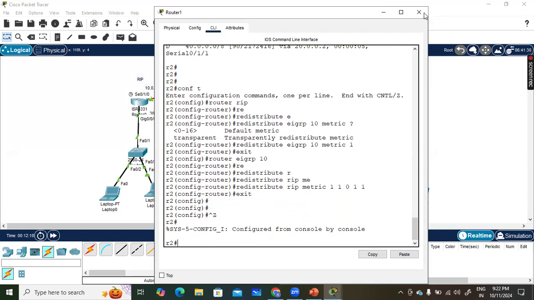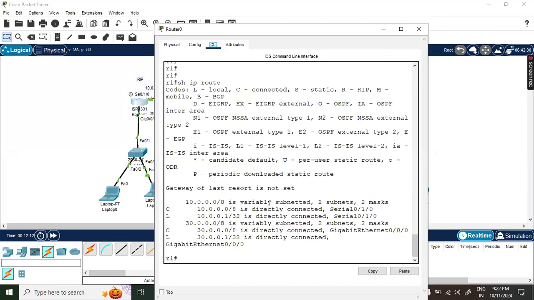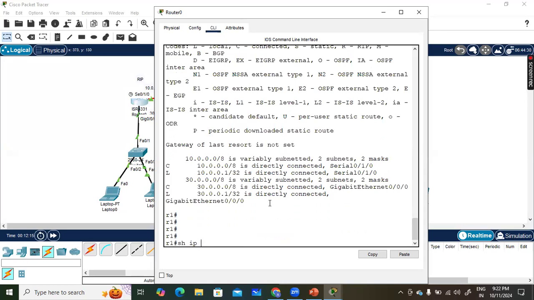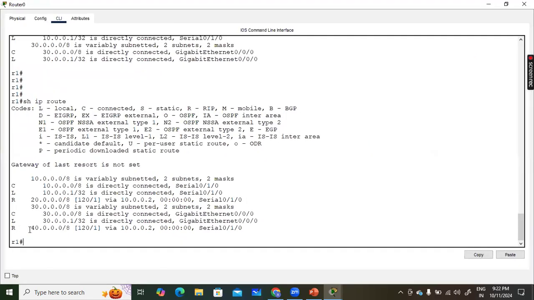Now just go to router 1 and check its routing table. Show IP route. See. Can you see? Network 40 has been learned via RIP. And network 20 has been learned via which? RIP. Is it fine? Everyone, please tell me. Yes, sir.